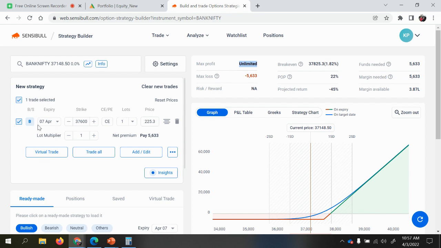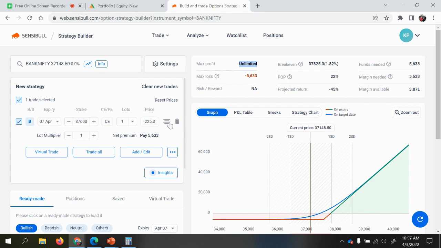So if you go with only the buying option, you end up losing 5,633 with a potential of unlimited profit. But friends, in option buying it is very rare to get the unlimited profit, unless you're able to find momentum in the index or the instrument. So this is the drawback of only buying, wherein you have a good amount of loss.